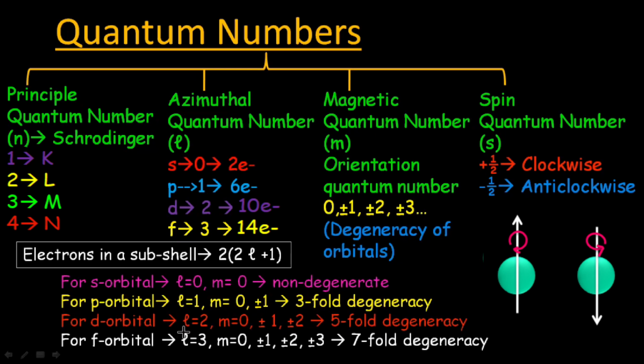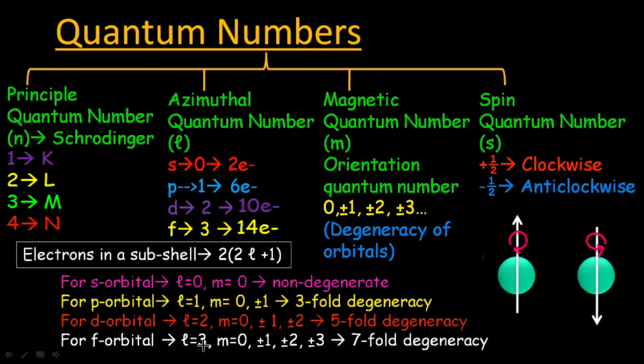In the case of d orbital, the azimuthal quantum number value is 2 and magnetic quantum number value is 0, plus minus 1, plus minus 2, which is showing that d orbital can have the 5 spatial orientations and it is 5-fold degenerate. It is represented by dx square minus y square, dz square, dxy, dyz, and dzx.